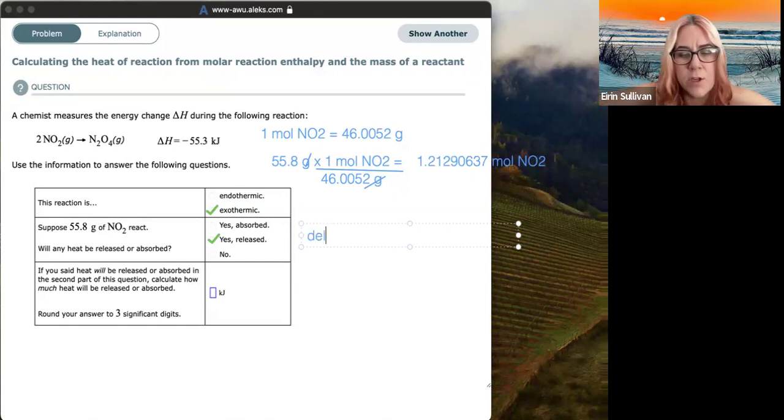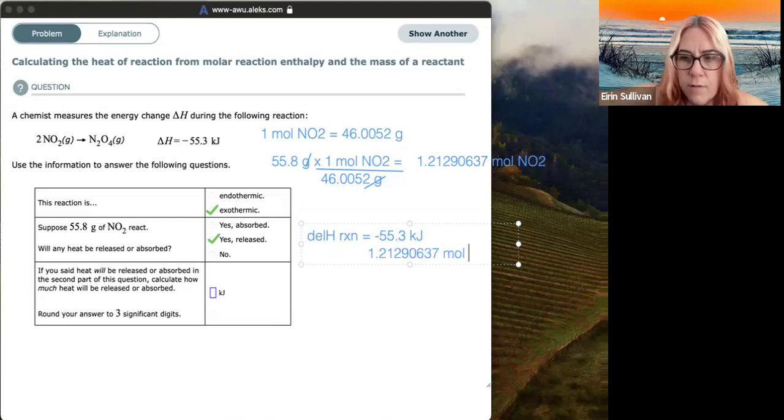So for delta H for the reaction, I've got to take that minus 55.3 kilojoules, and if I want it per mole, I have to look at how many moles I have, and I have 1.21290637 moles of NO2.